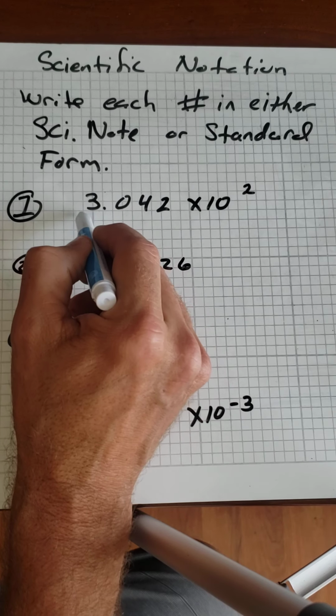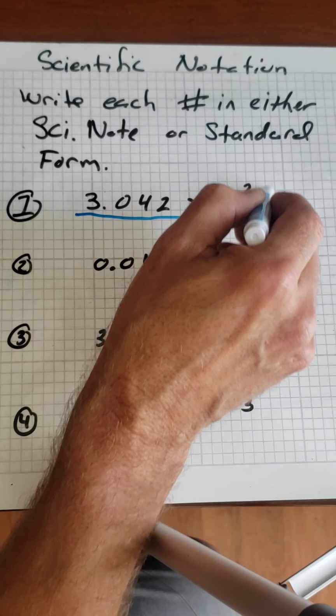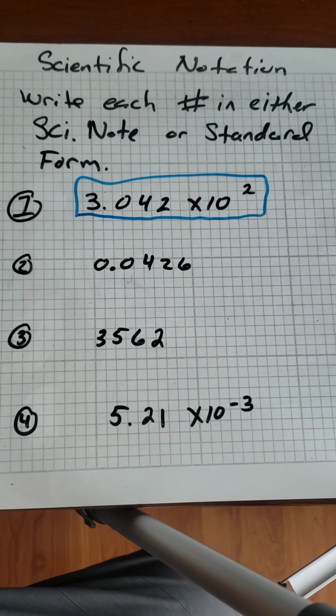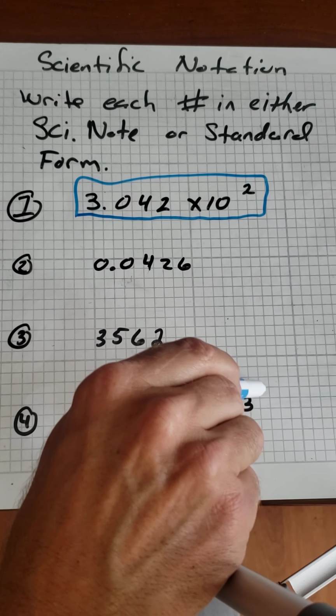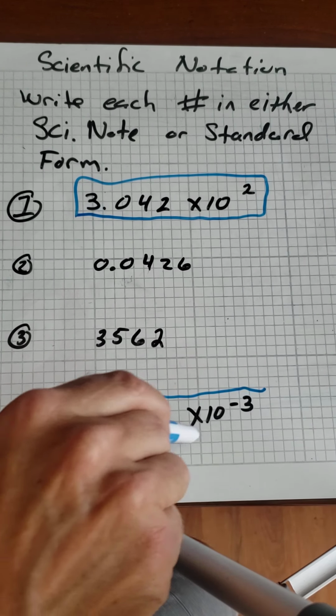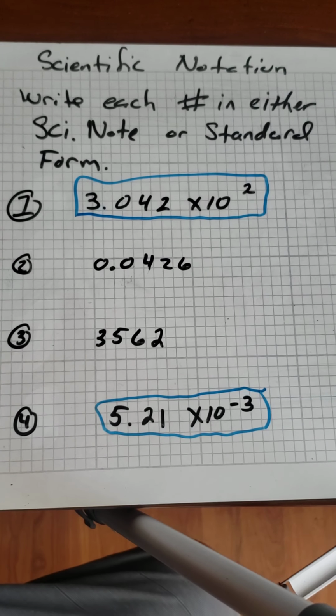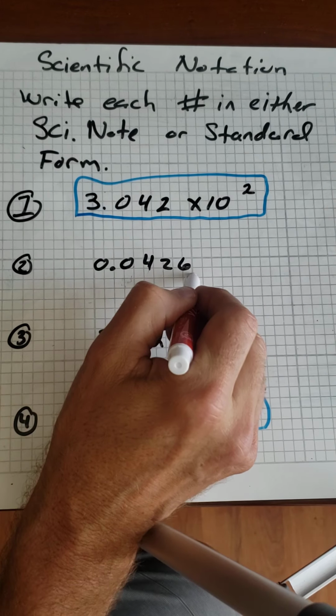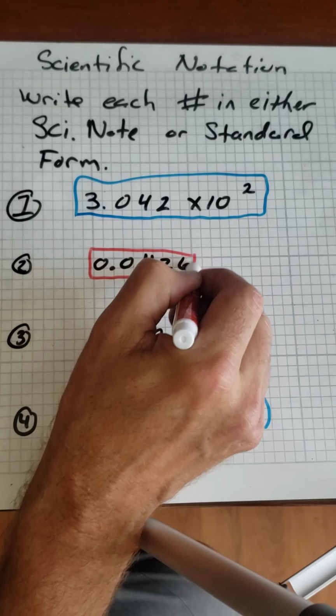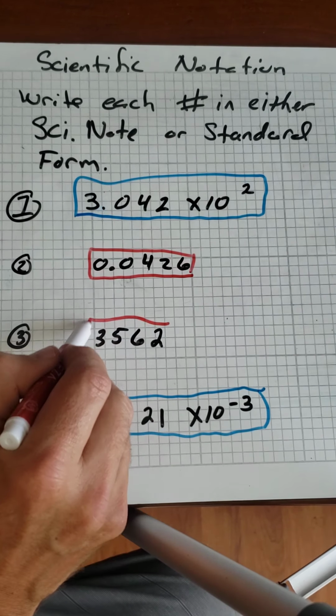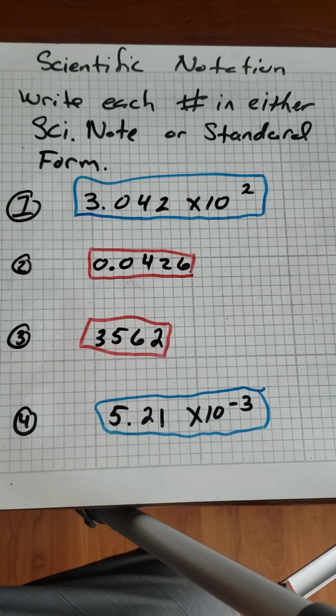This one is written in scientific notation. That one is written in scientific notation, as is this one down here. So both of those are scientific notation, which means that both of these must be standard form. Okay, so that's a standard form notation, and that's a standard form notation.